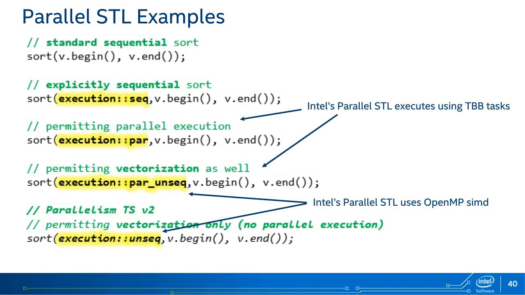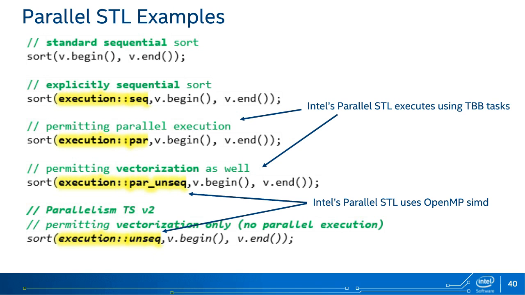With TBB or Parallel Studio XE, you get an implementation of Intel's Parallel STL, and it executes its parallelism using TBB tasks. So when you ask for a par or par_unseq policy, you get an implementation that is going to use TBB tasks to implement the parallelism.